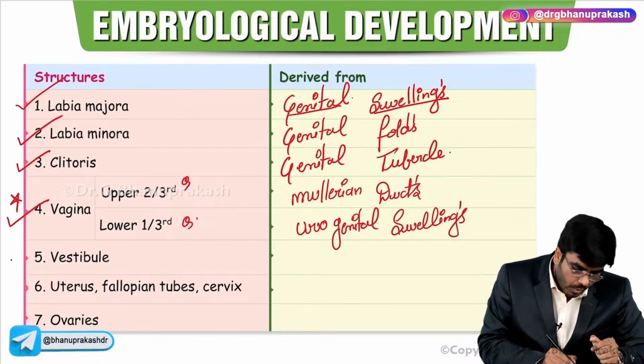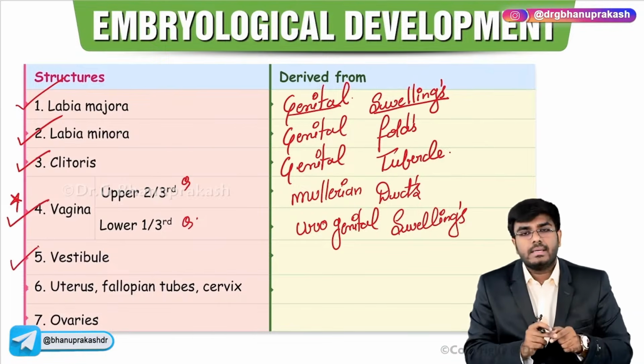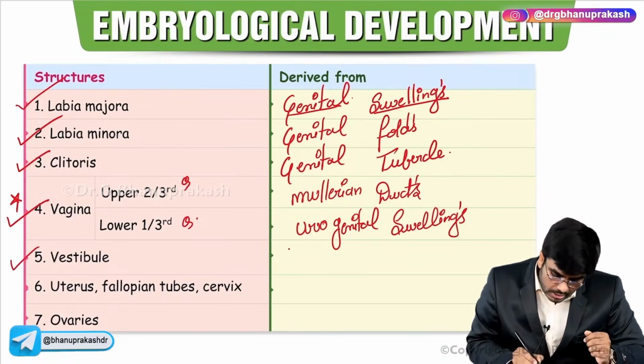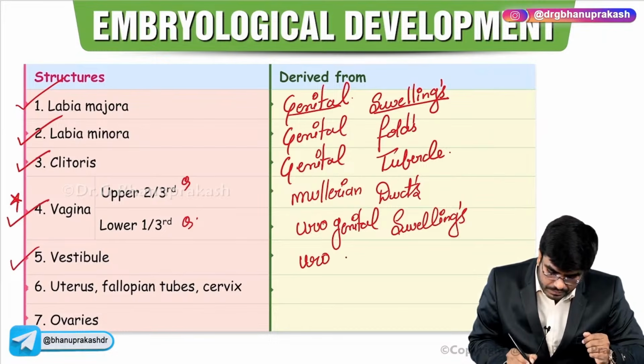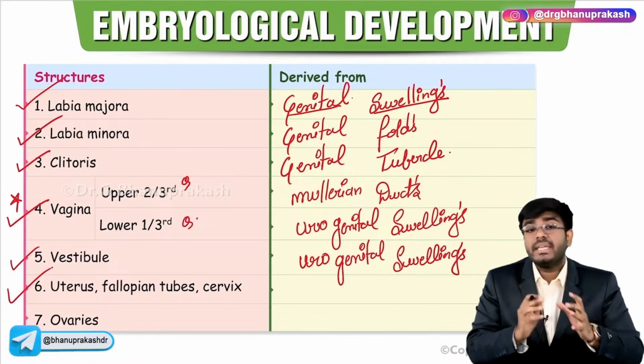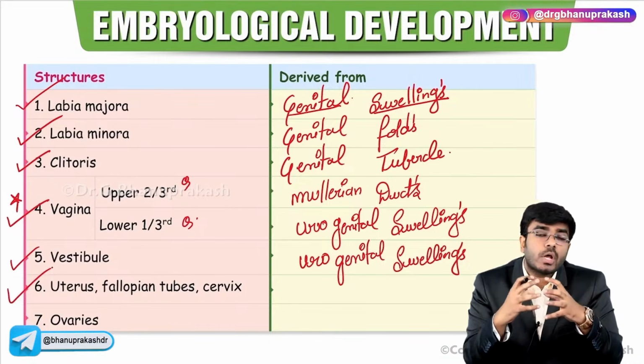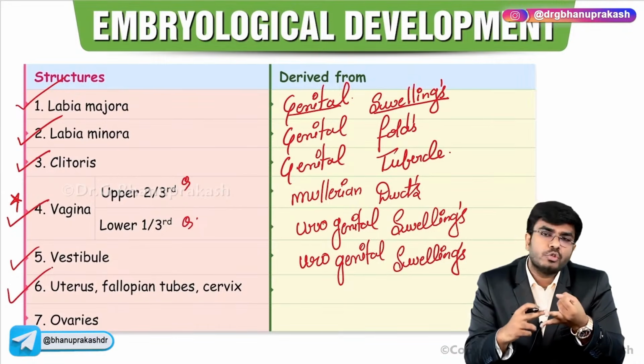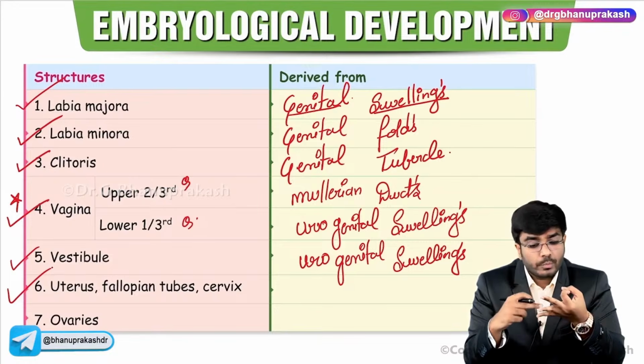Okay, now what about the vestibule, the triangular area? It was also derived from urogenital swellings. Now what about the main internal reproductive organs of the female? That's the uterus, fallopian tube and cervix.